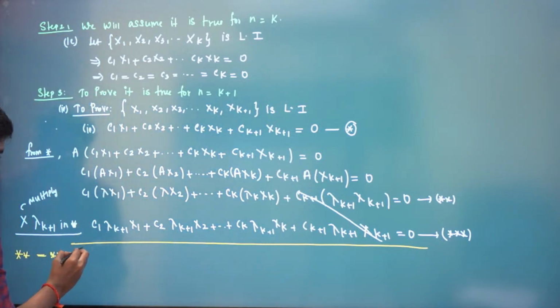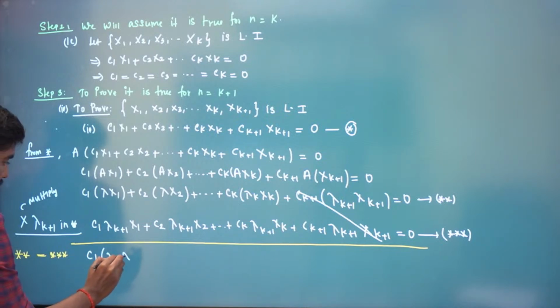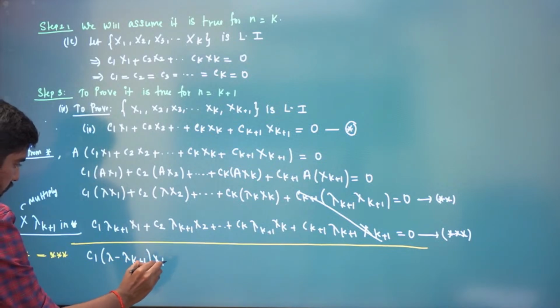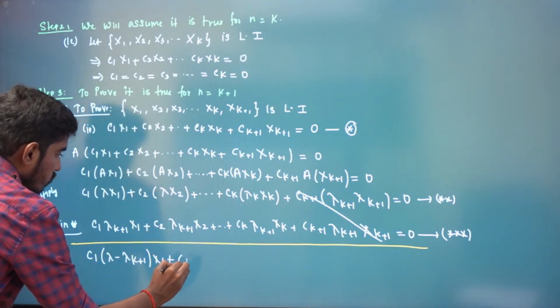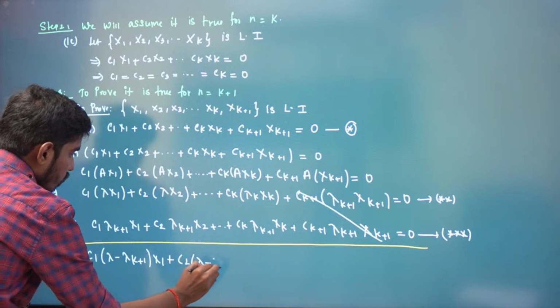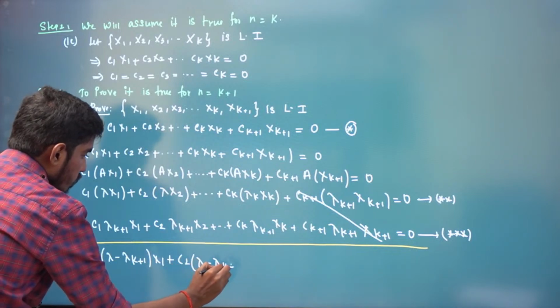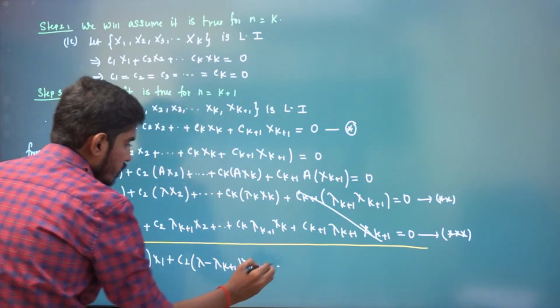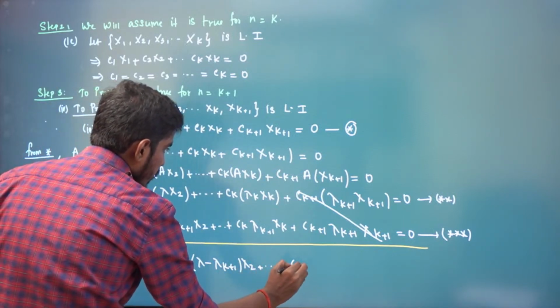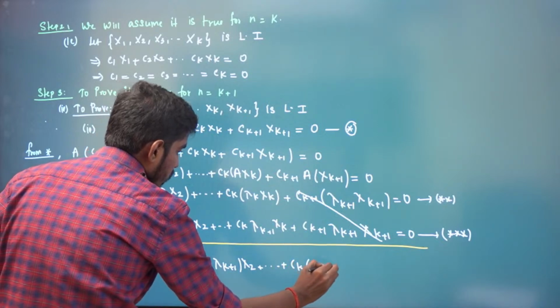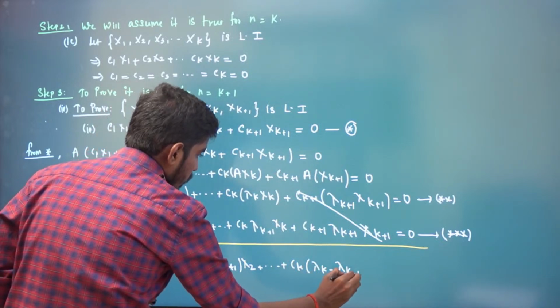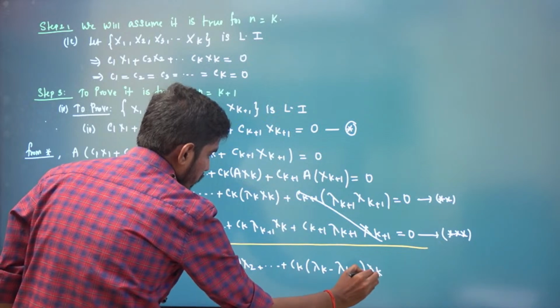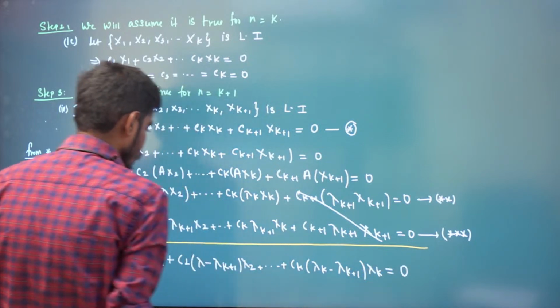If I take c1 outside, you will have lambda 1 minus lambda k plus 1 times x1. Then c2 times lambda 2 minus lambda k plus 1 times x2, and so on up to ck times lambda k minus lambda k plus 1 times xk is equal to 0.